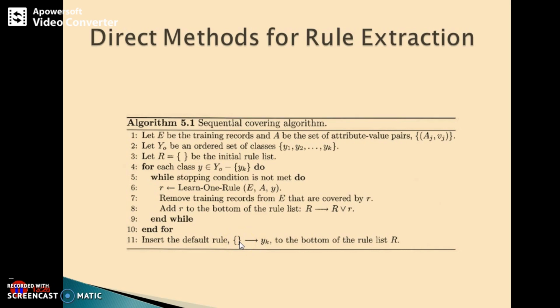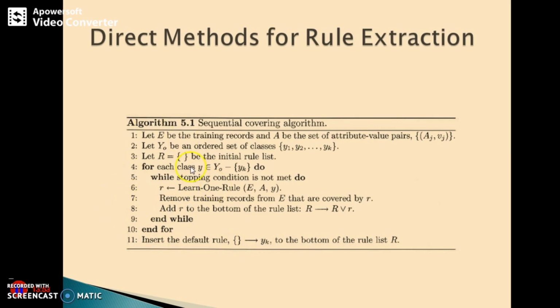That means no condition is specified on the left hand side, but the right hand side says it belongs to one particular class, say Y. So if a record is not covered by any of the rules, such a left out record can be covered by this default rule, where there is no condition specified, correct?